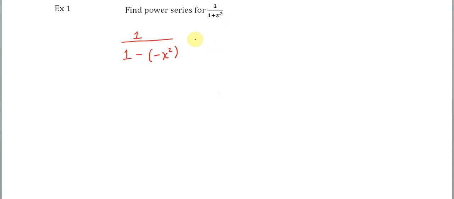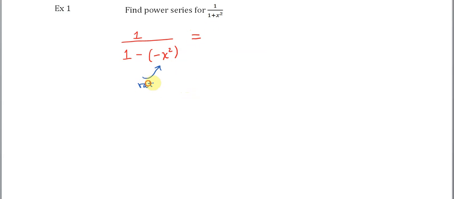Okay, so if you go back to what we had before with the sum of a geometric series, then we can expand this, right? So this is our common ratio here.